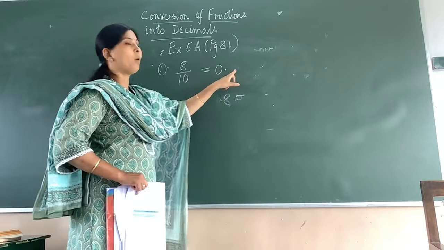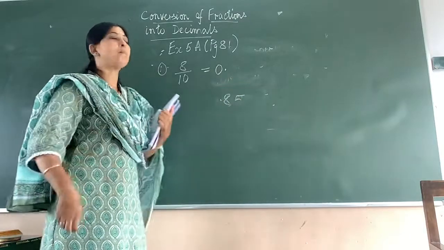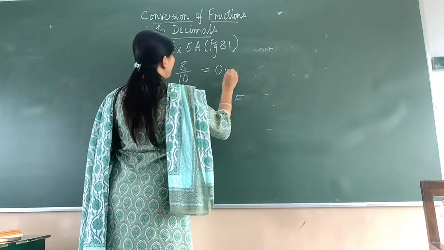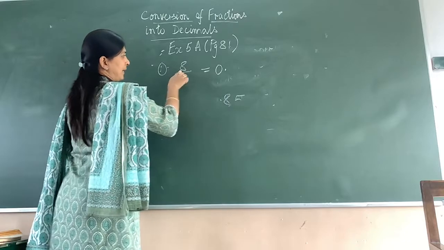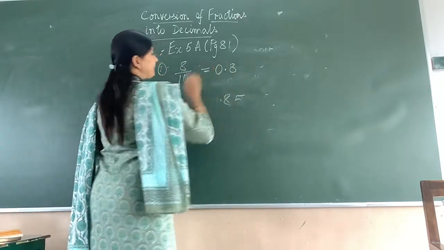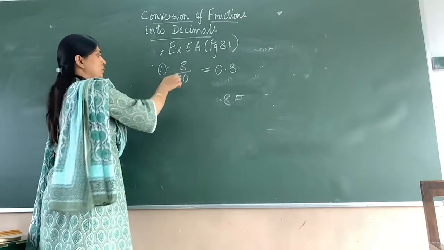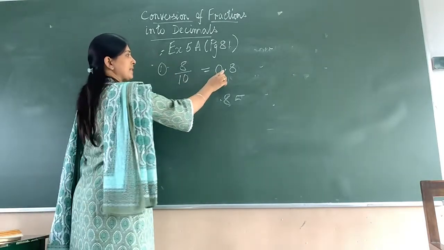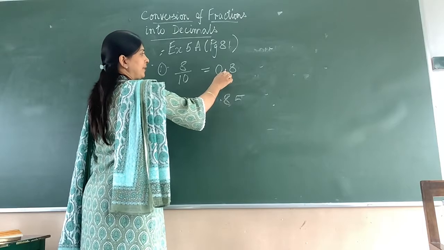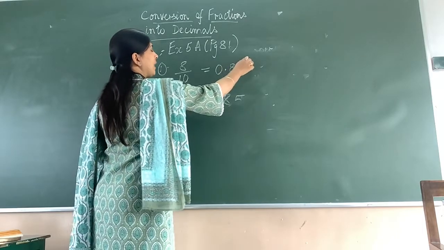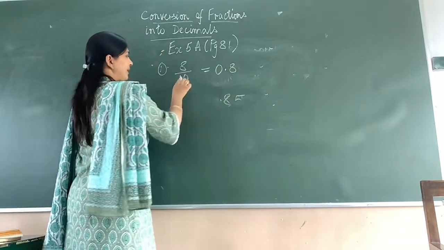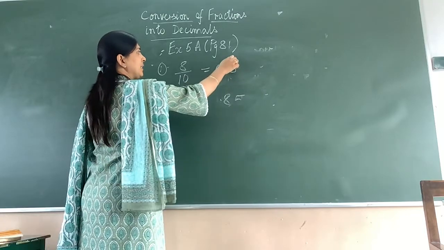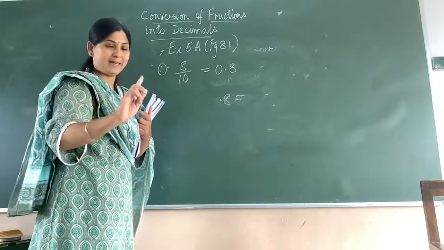That means there will be 1 digit after the decimal point. So, what is our numerator? 8. So we will write 8 here. Now see, 8/10 also means 8 tenths. And you know the places that follow the decimal. After the decimal, the places are tenths, hundredths, thousandths. So 8 tenths, we have written 8 in tenths place.